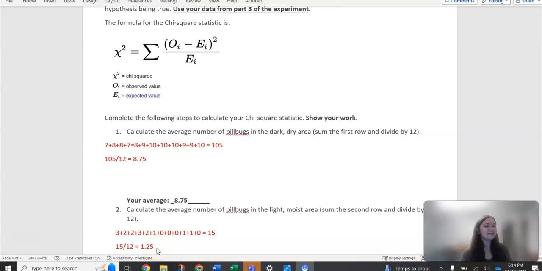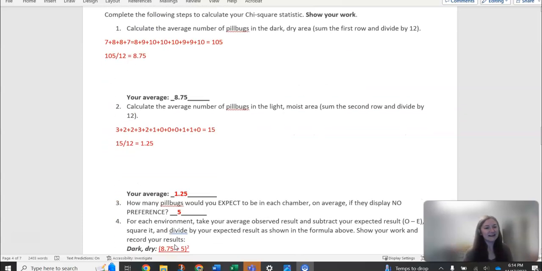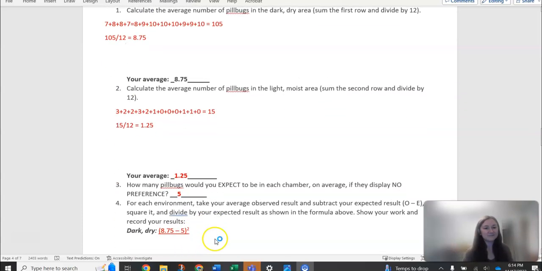I know it doesn't make sense to have a quarter of a pillbug, but it's fine mathematically to have that fraction. I forgot to put this in red as well. So 8.75 is our average for dark dry, and 1.25 is our average for light moist.